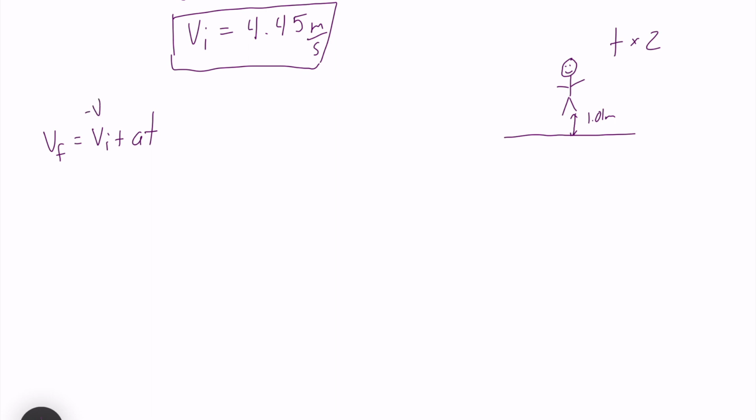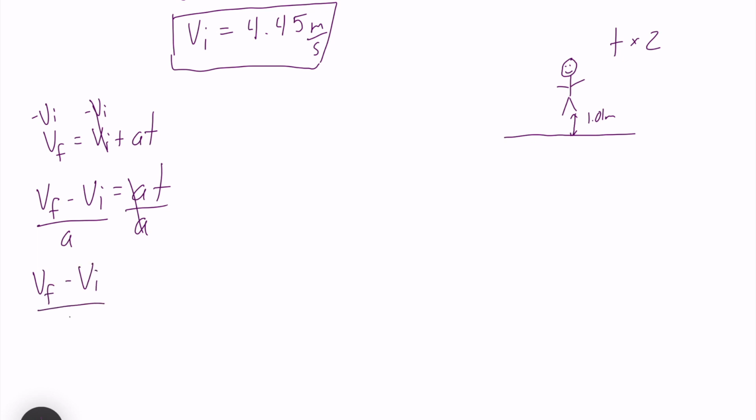So I'm going to subtract VI from the right side as well as the left side to have VF subtract VI equals AT. And finally, let's isolate for our time by dividing by acceleration on both sides, and that should give us time.